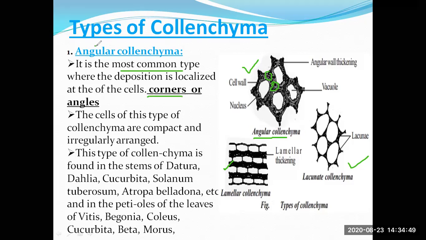The name itself shows it: angular means thickenings at angular positions or at the corners. This is the first identification character. Second, the cells of this type of collenchyma are compact and irregularly arranged. The classification is purely based on the thickening and mode of arrangement of cells. Thickening is at the corners or angles, and the arrangement is irregular.